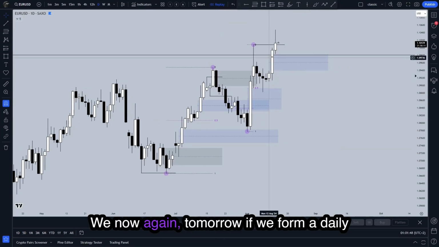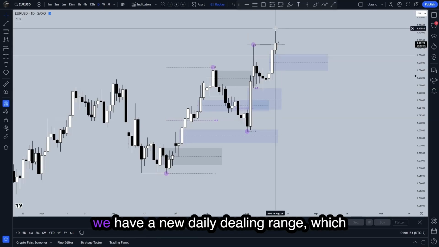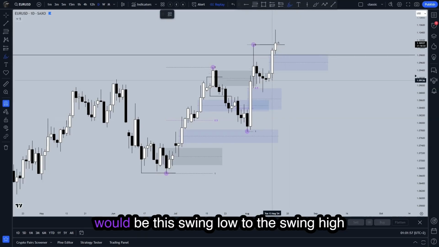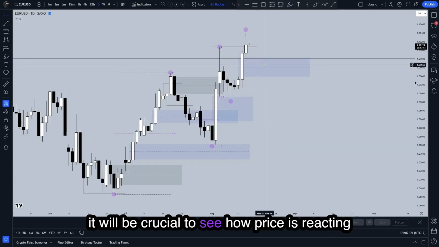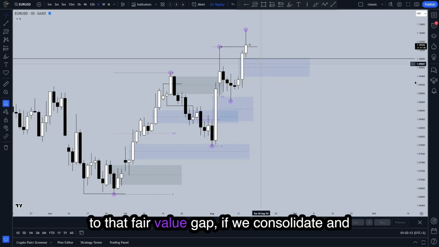We now, again, tomorrow, if we form a daily swing high, if we make a lower high, then we have a new daily dealing range, which would be the swing low to the swing high. And we can identify this fair value gap inside. It will be crucial to see how price is reacting to that fair value gap.